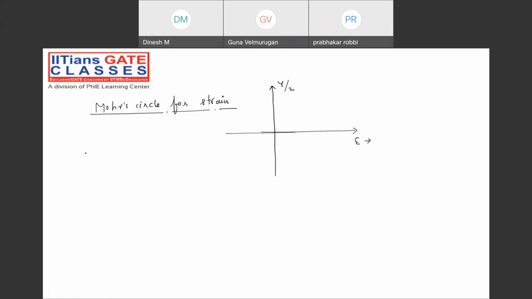Whatever the normal strain on any oblique plane, that will be the x coordinate of the Mohr circle. Very important, please note down.